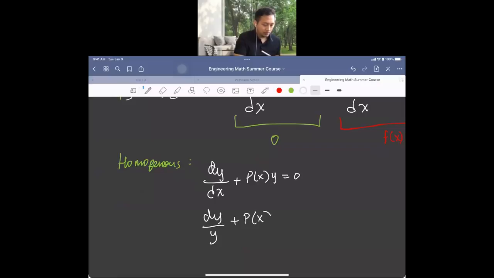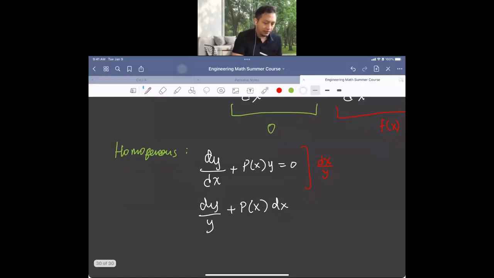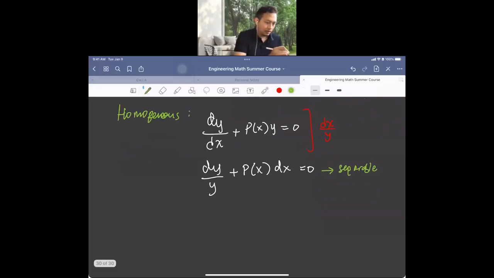We can write this as dy plus p of x dx, right? We can multiply with dx over y, and we can solve it by separable, right? Separable. And it gives the integrations.